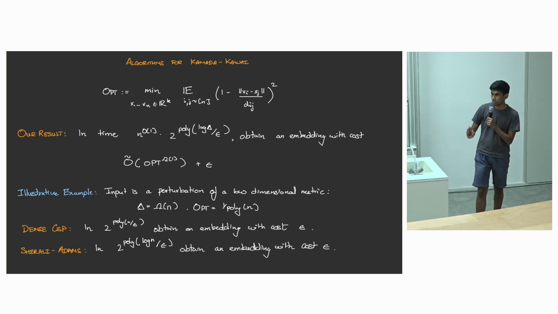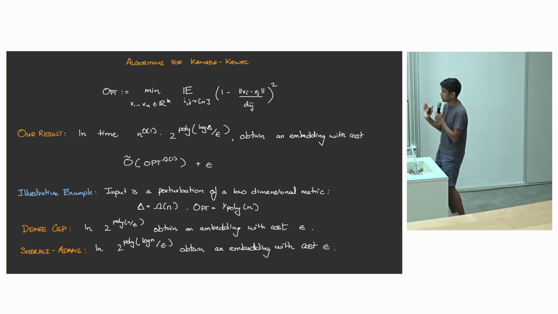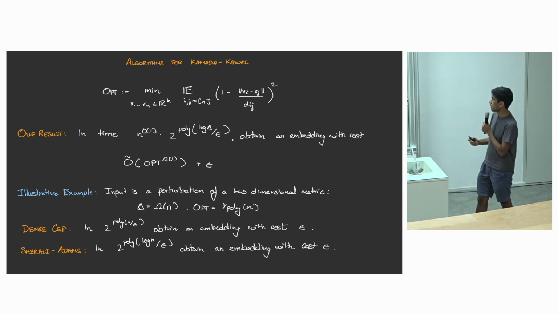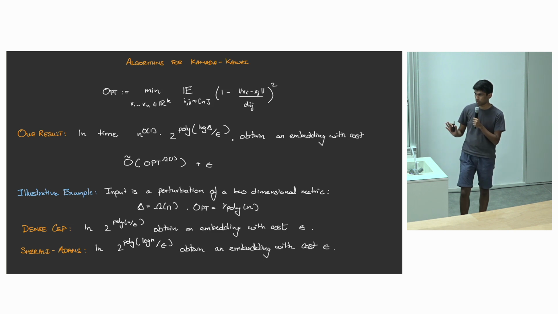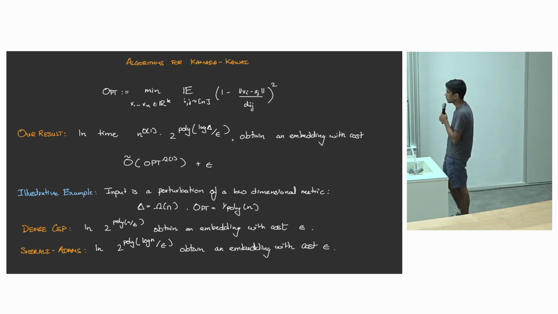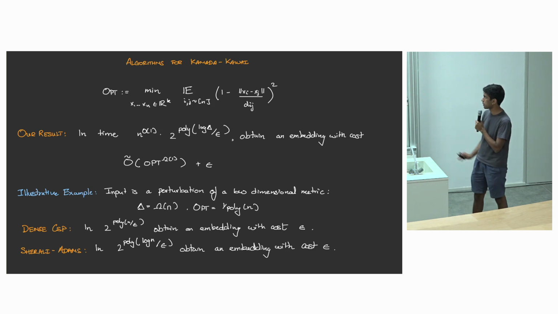That essentially means that opt is not 0 anymore, but it's like 1 over poly n. Then if I did the dense CSP algorithm from the previous slide, because delta is order n, the running time would be 2 to the poly n over epsilon, so exponential time. Whereas the authors' algorithm, which is based on the Sherali-Adams hierarchy, runs in time just 2 to the poly log n, so it's much better running time.